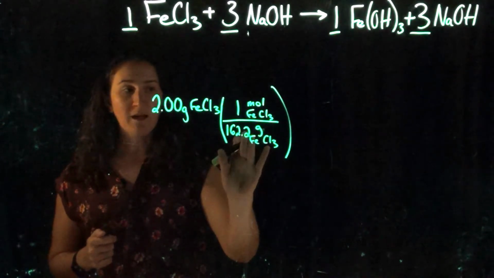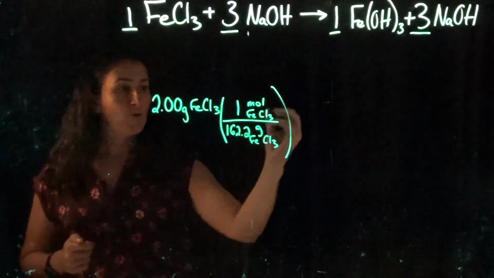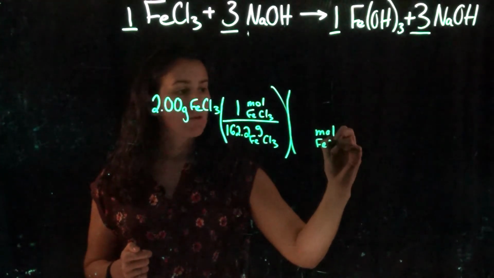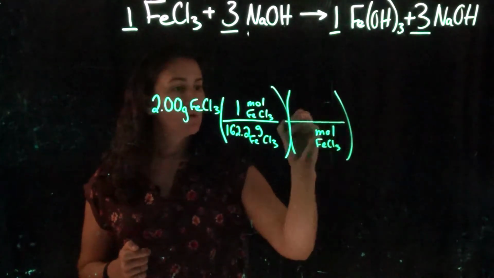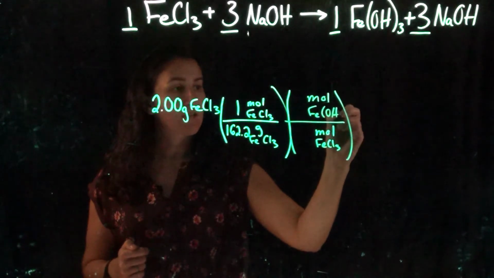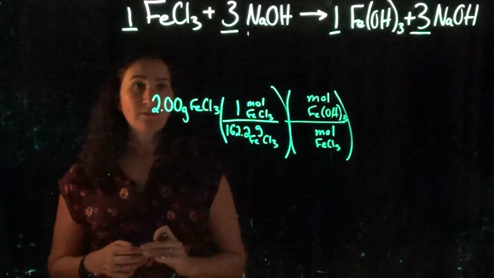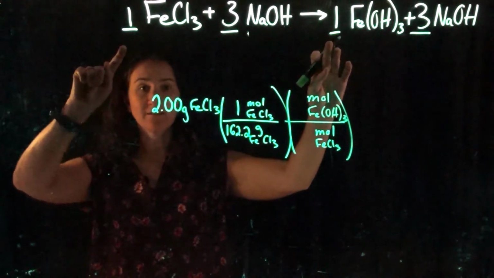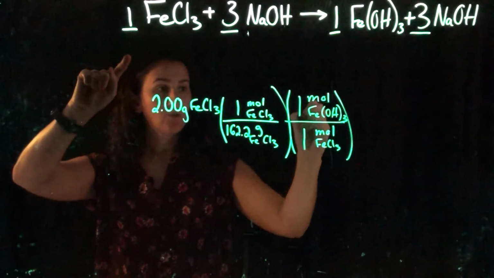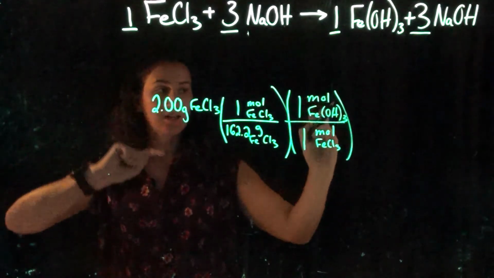So that is our molar mass, grams per mole. Now we need to go from moles of iron 3 chloride to moles of iron 3 hydroxide. To do that, we use the coefficients in our balanced chemical equation. So we have 1 mole of iron 3 chloride to 1 mole of iron 3 hydroxide.